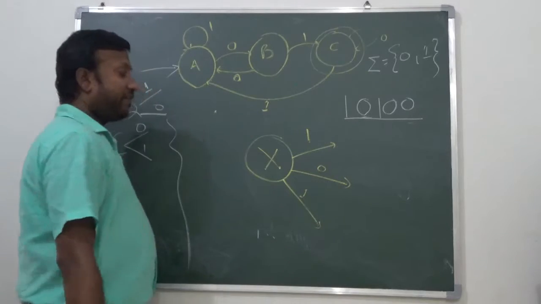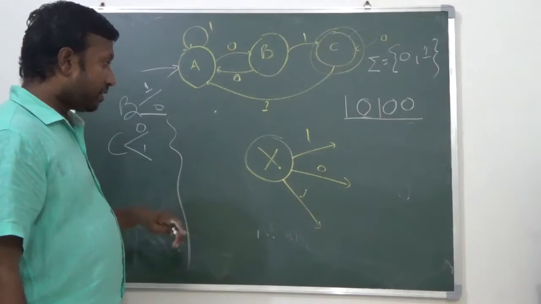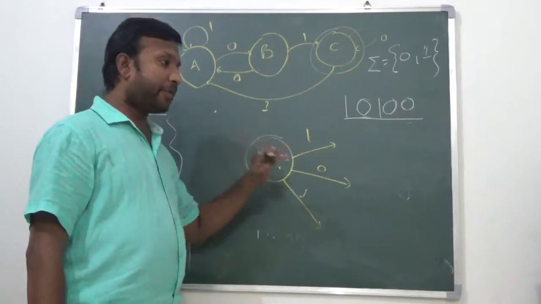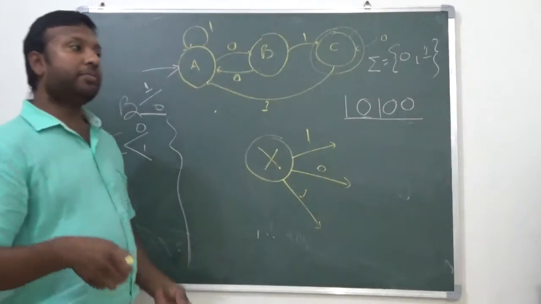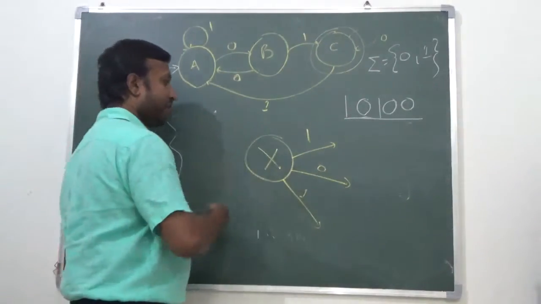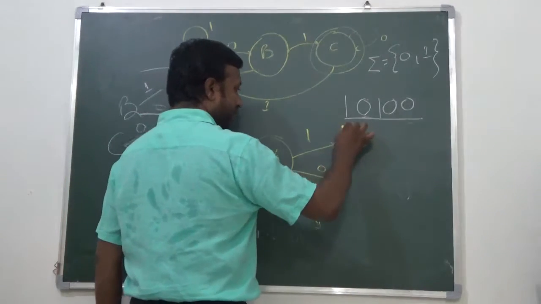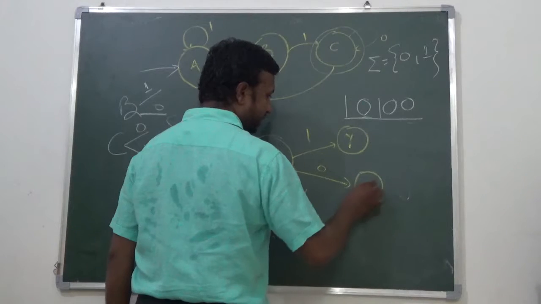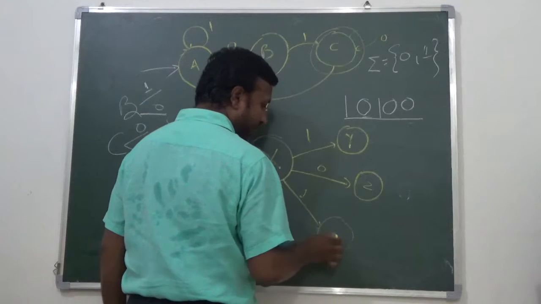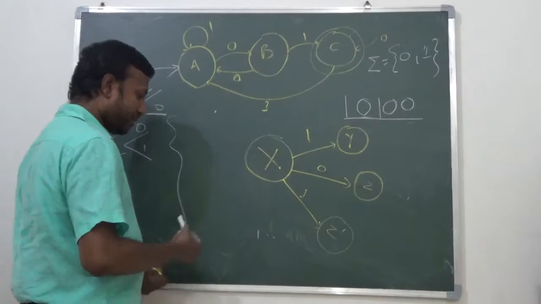If we get this kind of state, then there will be some problem, or the computation done by this machine will be different from what we have seen. Let us analyze what will happen. Let us say for 1 we go to state Y, for 0 we go to state Z, and for 1 again we go to state Z dash. There are 3 different states.